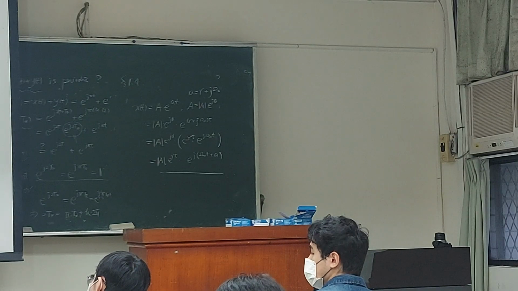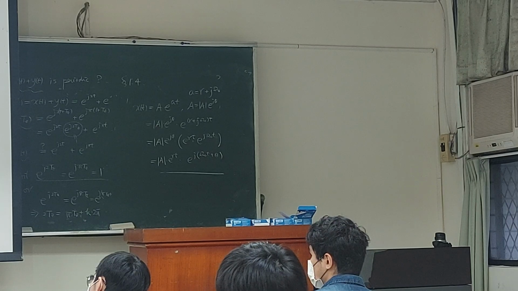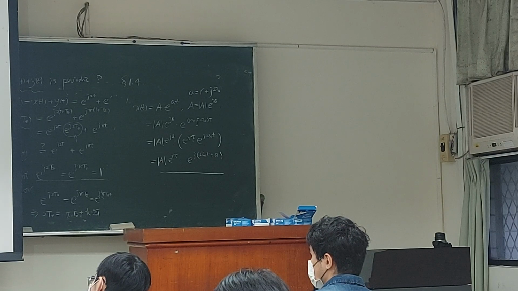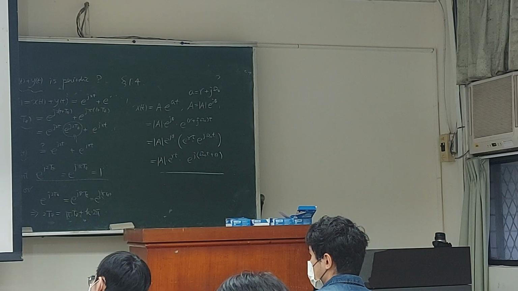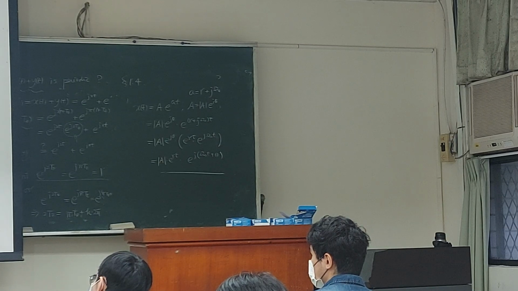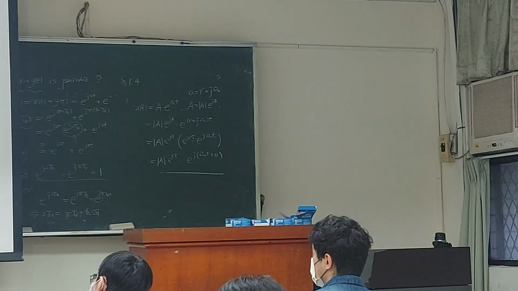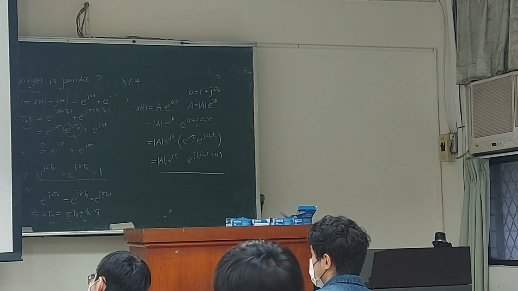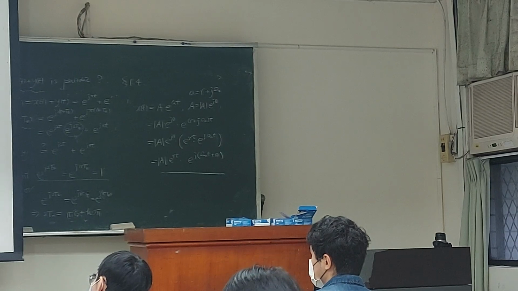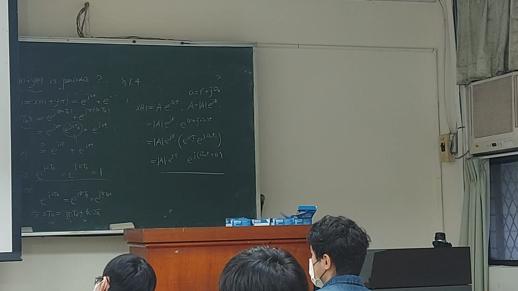Now, if you change the amplitude and fix the frequency and the phase, it is called amplitude modulation, or AM. AM, okay, you know the AM radio. That's amplitude modulation. Alternatively, if you change the frequency and fix the amplitude and phase, it's called frequency modulation, or FM.